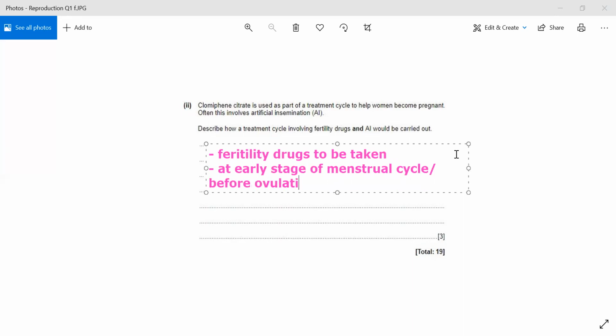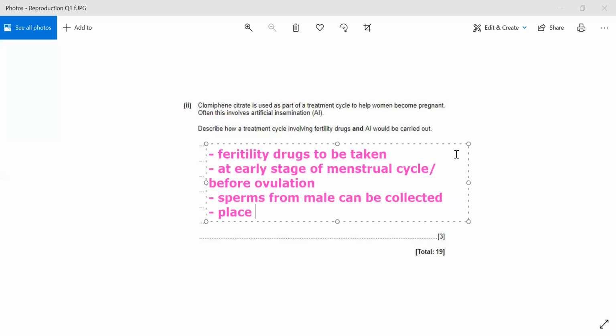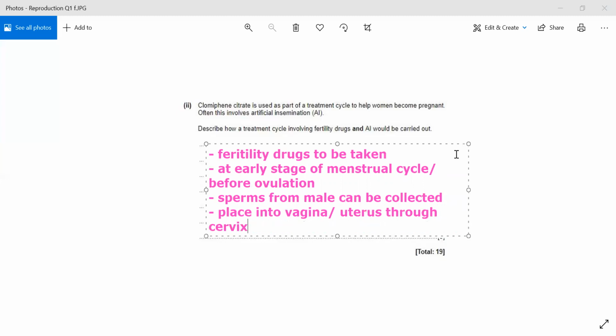Once ovulation occurs, the ovum is ready, so now sperms from the male can be collected, and then placed into the vagina, or you can talk about the uterus, via the cervix, through the cervix, if it is the uterus.